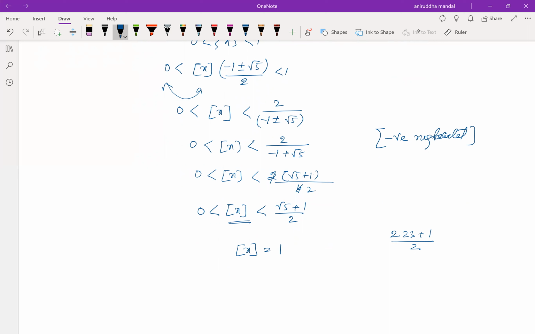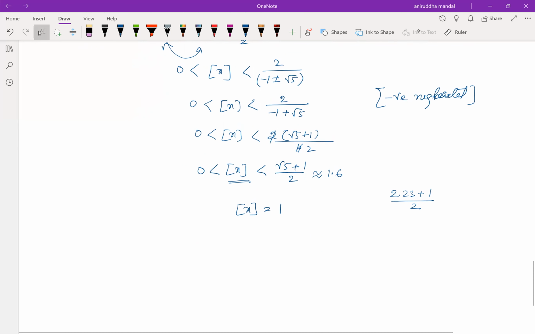So this value lies between 0 and 1.6, so the integer part of x is always 1. So we have found the integer part of x is 1.